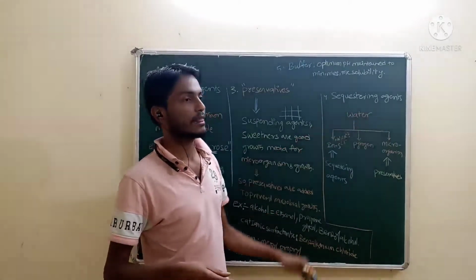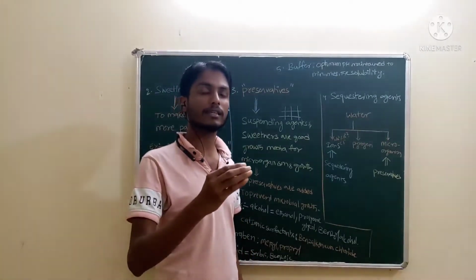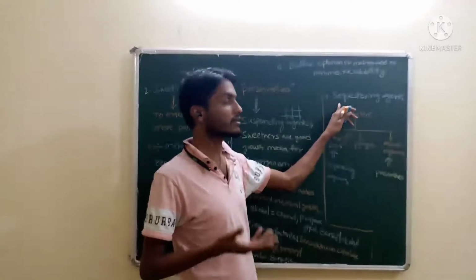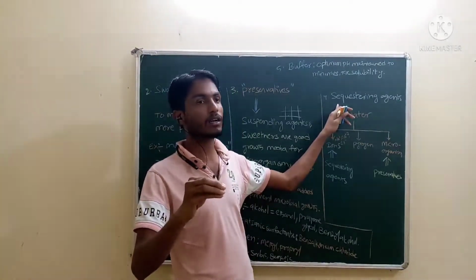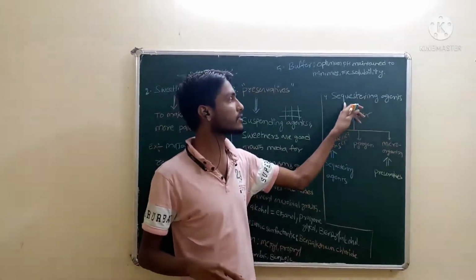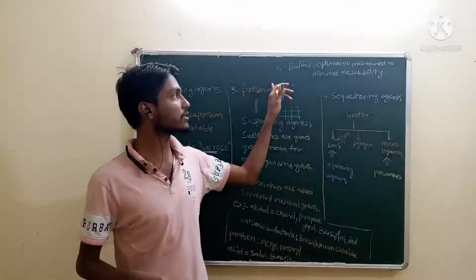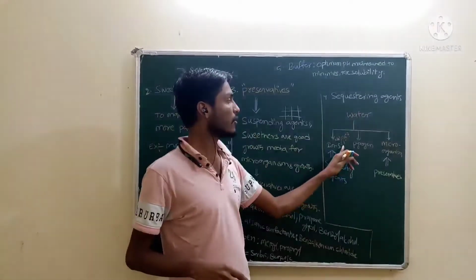Sometimes the complexing agent may be soluble in water, sometimes it may not be soluble in water. So whatever soluble complexing agent, we can call it a sequestering agent. Hence we are using it in the suspension. Suspension majorly contains water. Hence we are using sequestering agents.